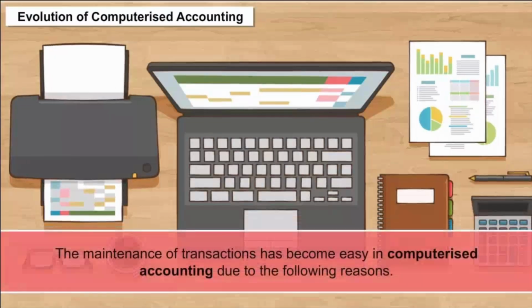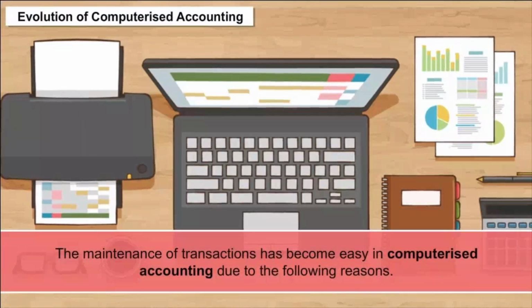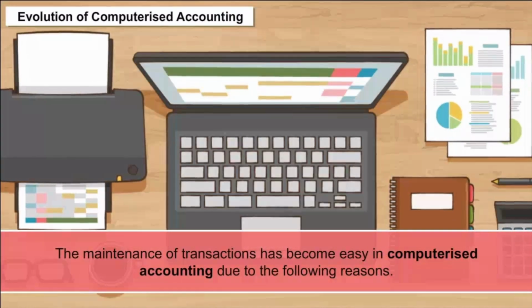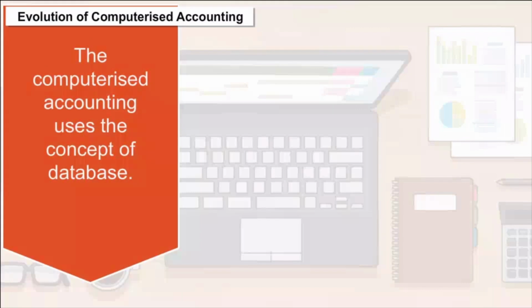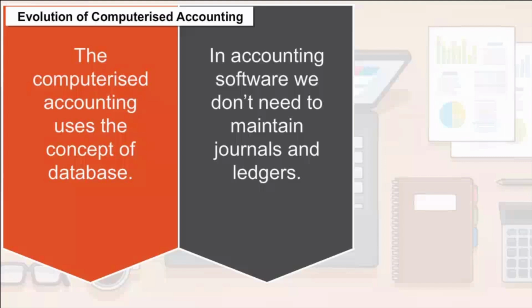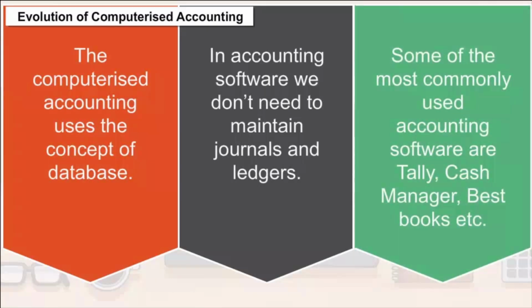The maintenance of transactions has become easy in computerized accounting due to the following reasons. The computerized accounting uses the concept of database. In accounting software, we don't need to maintain journals and ledgers. Some of the most commonly used accounting software are Tally, Cash Manager, Best Books, etc.